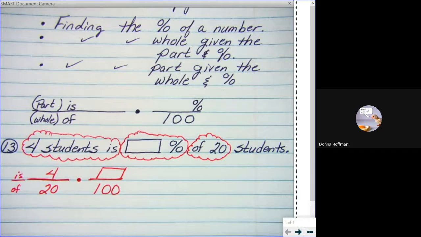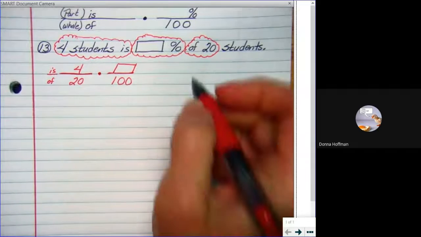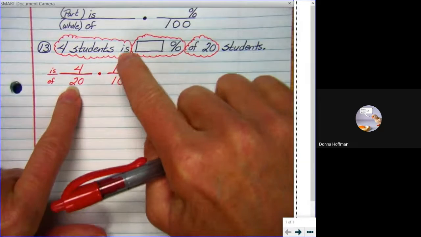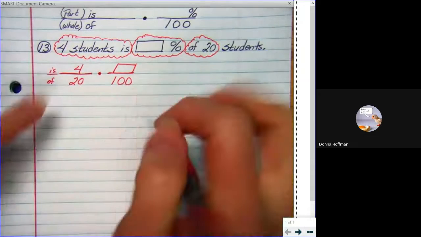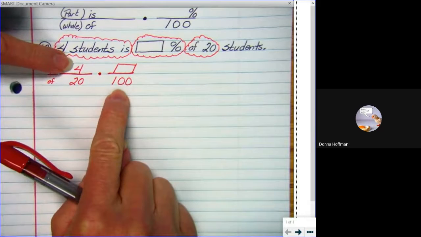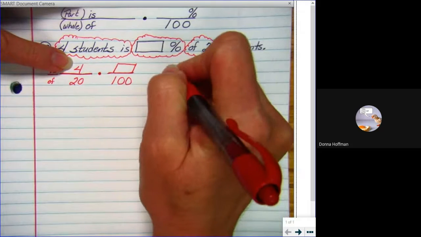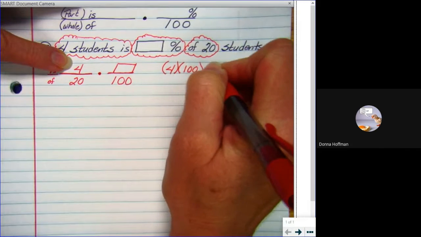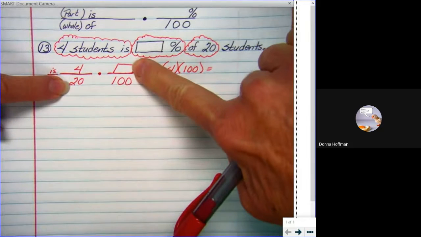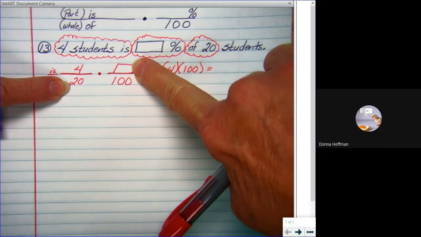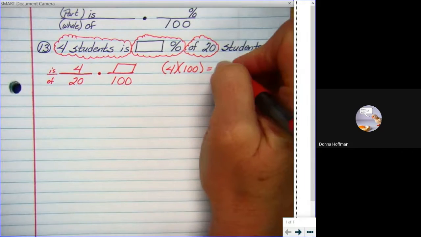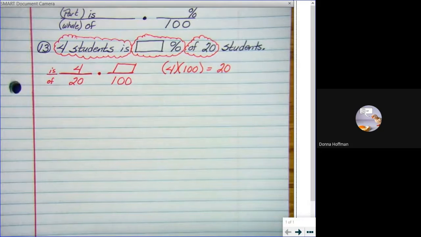I'm ready to set up my cross multiplication for my equation, right? Okay, so a cross multiply. When I mean cross multiply, I mean a denominator and a numerator, okay? So I'm going to take the 4 times 100 equals, and then 20 with the empty box, and I'm going to substitute the empty box for what variable?